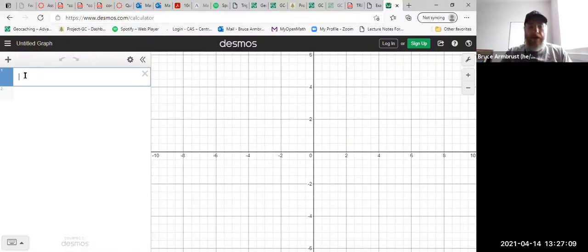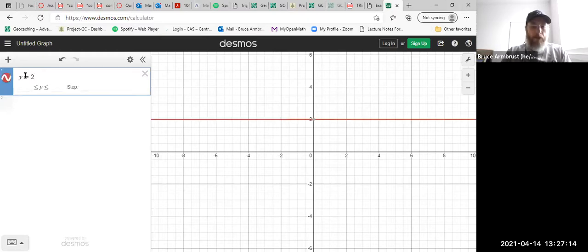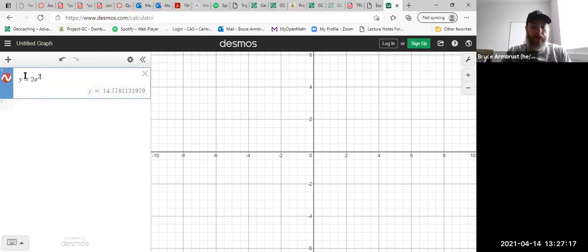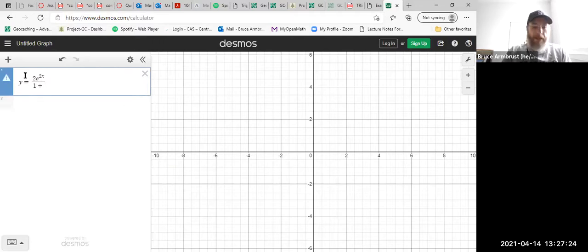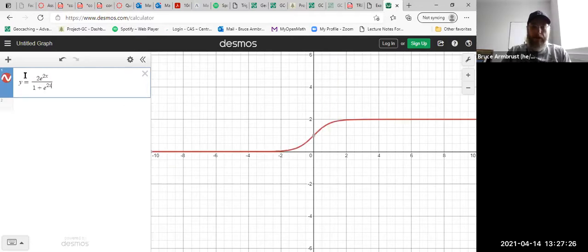All right, so we had y equals 2e to the 2x divided by 1 plus e to the 2x. You can see that it does go through our point (0, 1). And notice that there's a horizontal asymptote at 2.